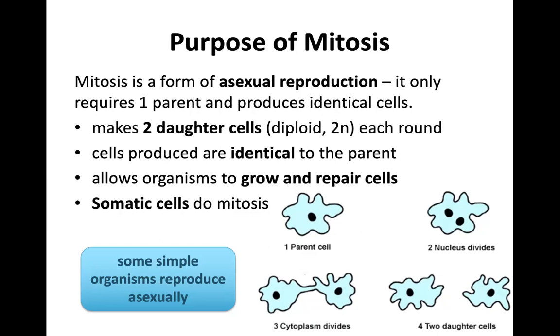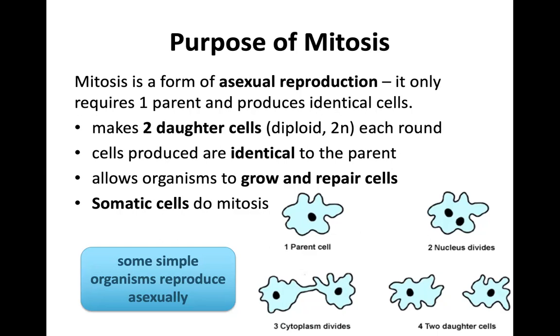If the parent cell has 100 chromosomes, what's the haploid number? 50. Okay? Everybody following? So diploid full, haploid, cut it in half. When we get to meiosis, we're going to talk about haploid. But you're going to need to know the difference now.